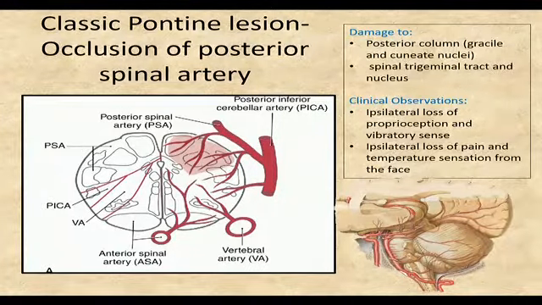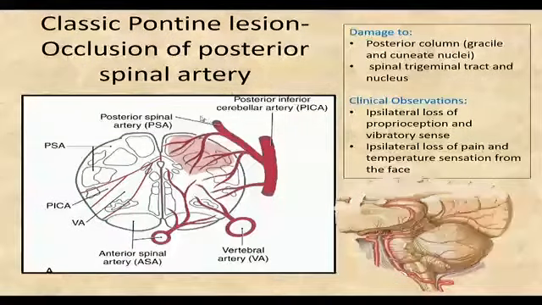So if you have an occlusion of the posterior spinal artery, that you can see here, here's the medulla, and here you have the posterior inferior cerebellar artery, and the posterior spinal artery can come off of it. You can see how it's going to service the most dorsal, a little bit of dorsolateral aspect of the medulla.